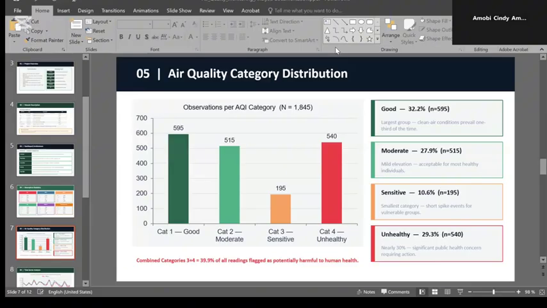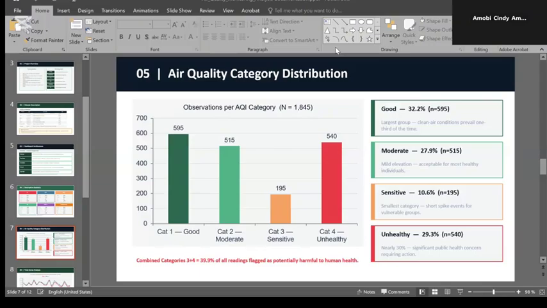The sensitive groups category is the smallest at 10.6% or 195 readings, short spike events. But the unhealthy category sits at 29.3%, 540 readings, which is nearly 30% of all observations.